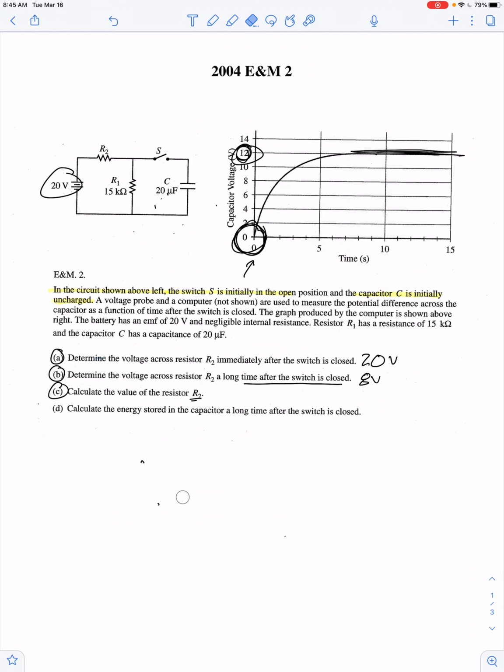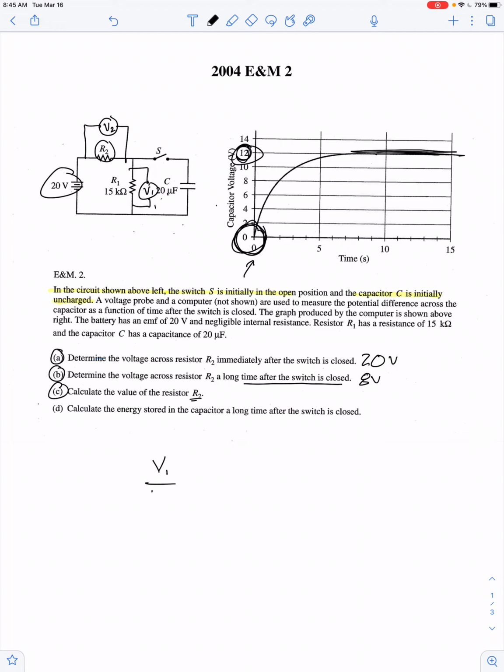Just to make sure we're consistent with the terminology, I need to refer to this as V2 because this is already labeled as R2, and refer to this as V1.